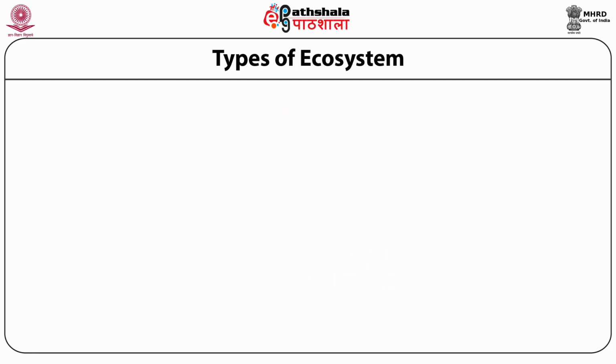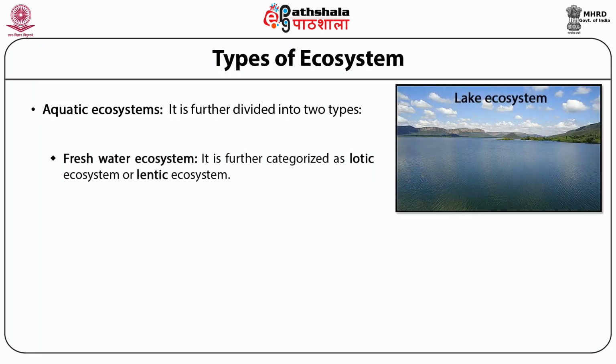Another type of natural ecosystem is aquatic ecosystem. It is further divided into two types. The first is freshwater ecosystem. This type of ecosystem is further categorized as lotic ecosystem, an ecosystem of running water such as stream or river, and lentic ecosystem, which consists of still water such as lake or pond.